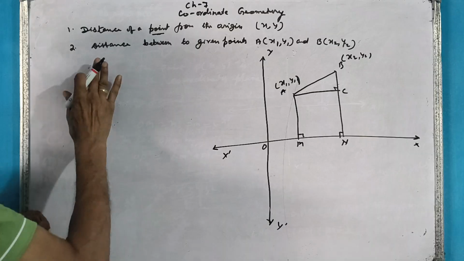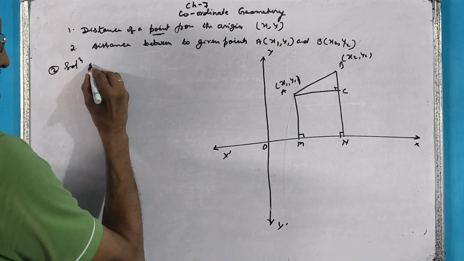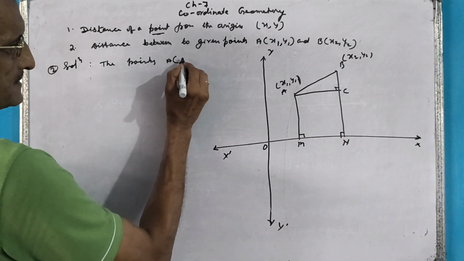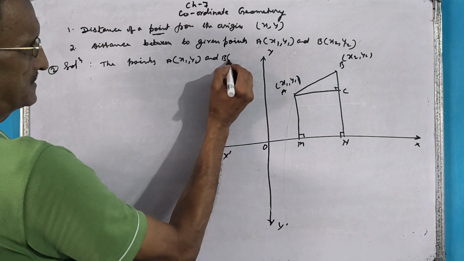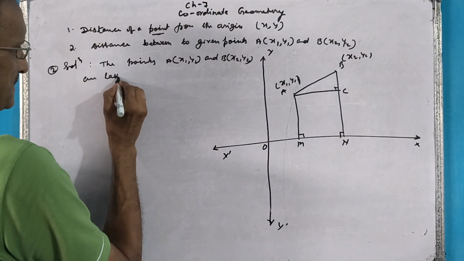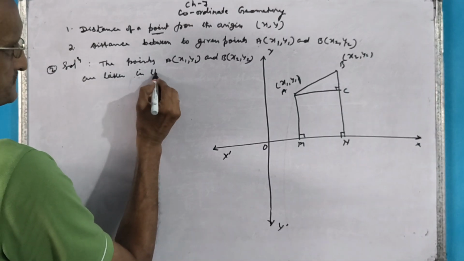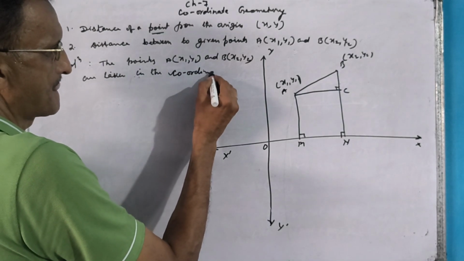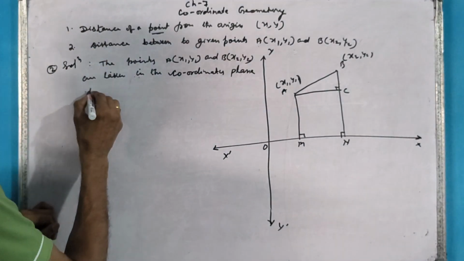Understood? So briefly we will write solution number 2. The points A x1 y1 and B x2 y2 are taken in the coordinate plane. A comma B are joined.